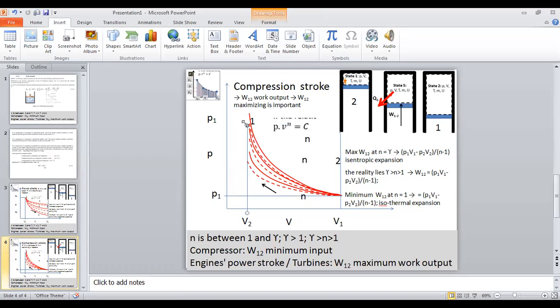Okay, your V2 is the same, but your P value you can see different.